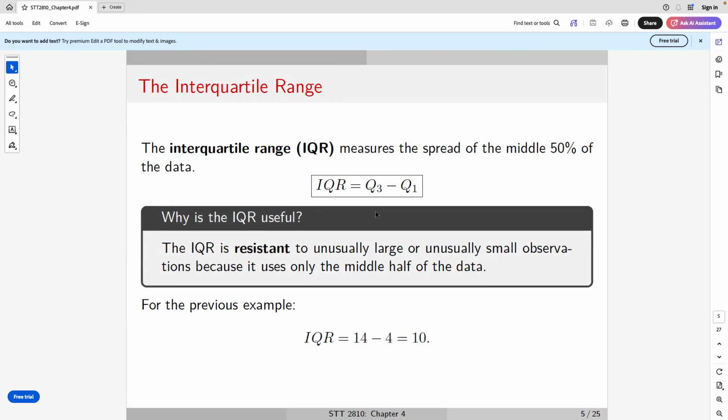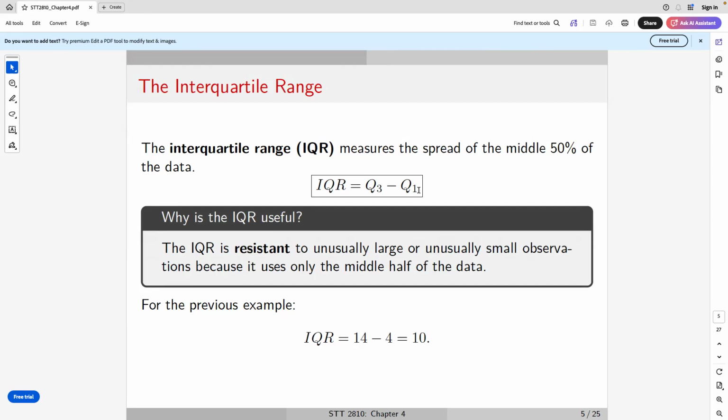Last time we talked about using IQR to measure the spread for skewed distributions. What is the IQR? The IQR is Q3 minus Q1. Again, you don't need to know this formula because you could find the IQR in StatCrunch. But just so you know, it is the upper quartile minus the lower quartile, or the upper hinge minus the lower hinge.